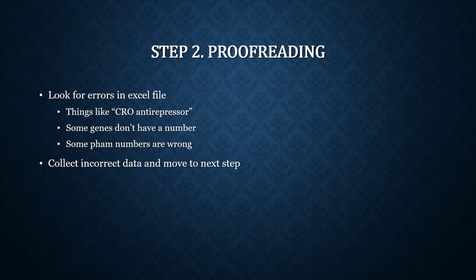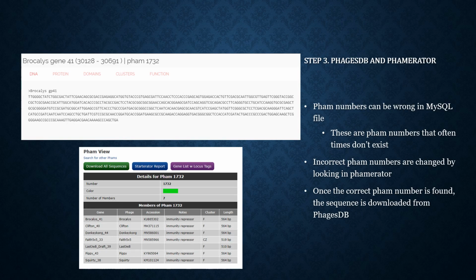So for whatever phage I was looking at where the FAM number was wrong, I would go to that gene, see what FAM number it actually was, and then download all of that FAM. As I stated, some of these FAM numbers are wrong, and we have to go through and fix them manually. If we look right here, we see the FAM number up in the top right. We see the start and stop sites here, the gene name here, and the phage name here.